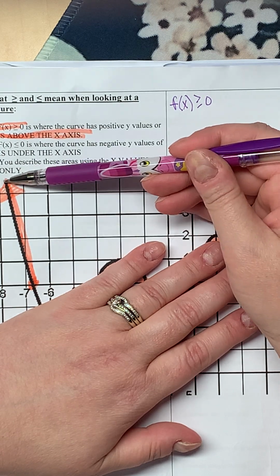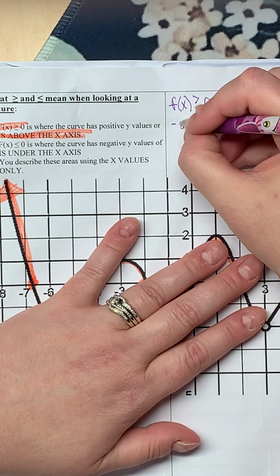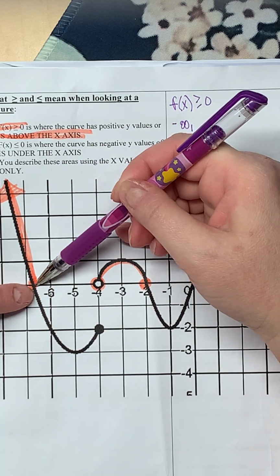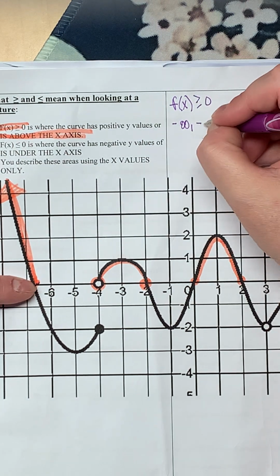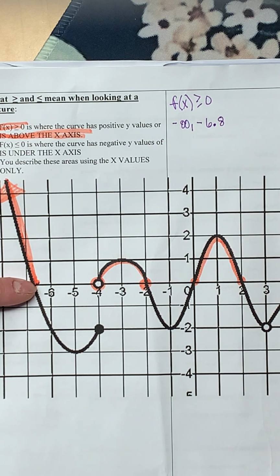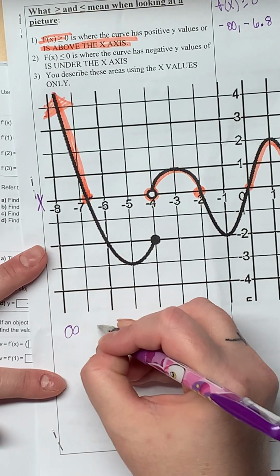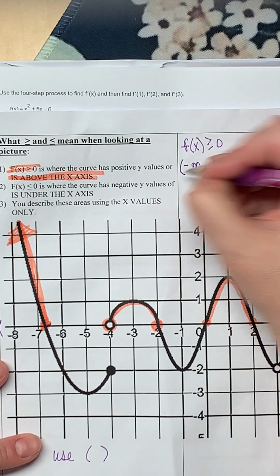From the left, it looks like there's an arrow, so that's negative infinity. And then it stops right here at negative 6.8. I think your homework will be easier because there will not be decimals. Okay, and infinities use parentheses. So I'm going to put a parentheses.